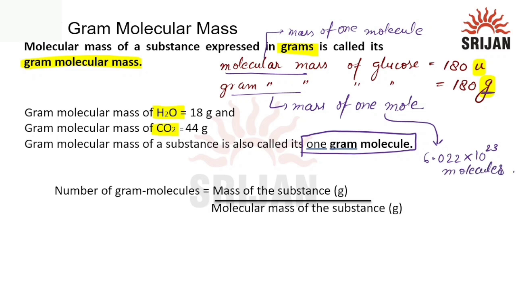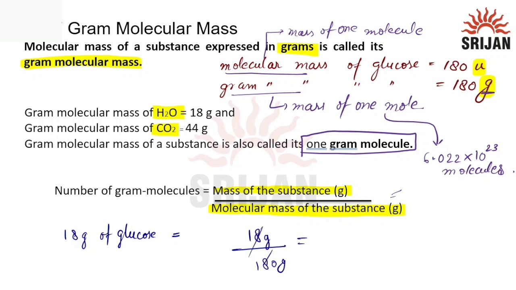If I want to calculate the number of gram molecules, the formula is the mass of the substance in gram divided by the molecular mass of the substance in gram. Take the number of gram molecules in 18 gram of glucose. So what will I do? The mass of the substance is given as 18 gram and the molecular mass of the substance in gram is 180 gram.